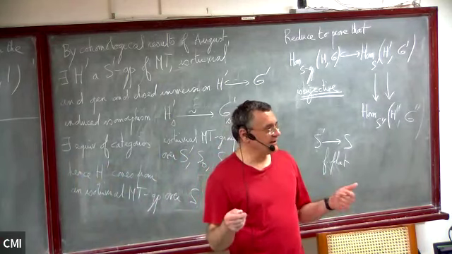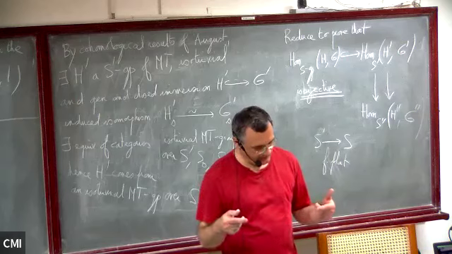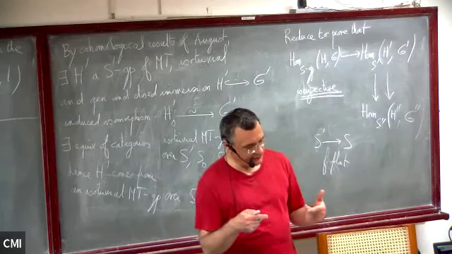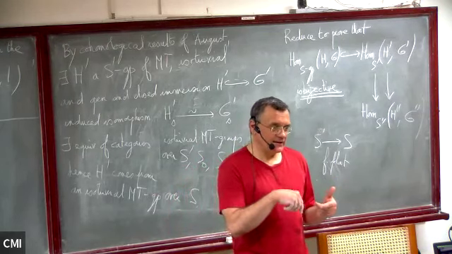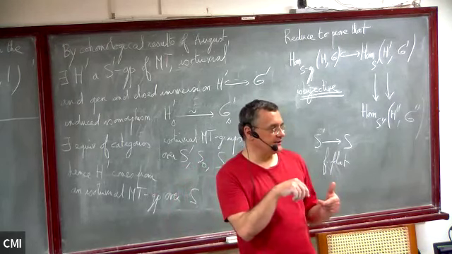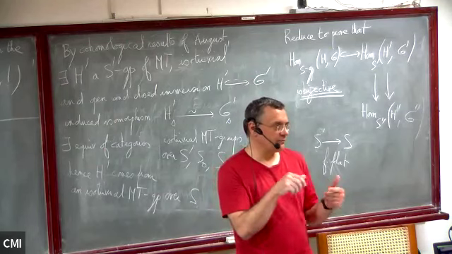Over the affine line, one can consider a group which is SL2 everywhere except at the origin, and at the origin it degenerates to a solvable group.